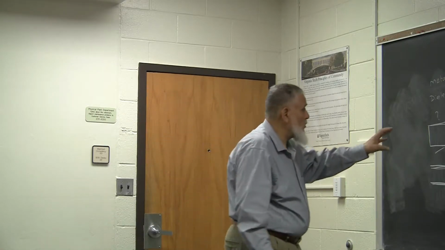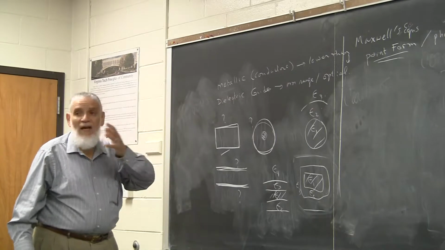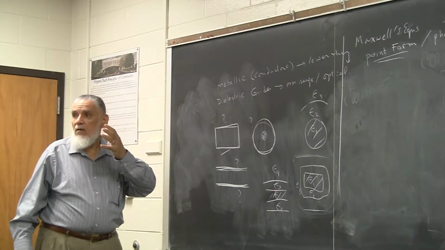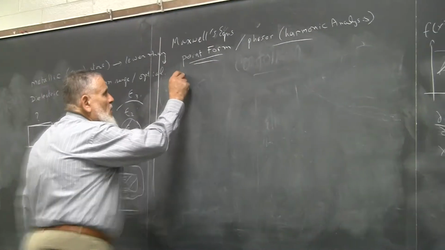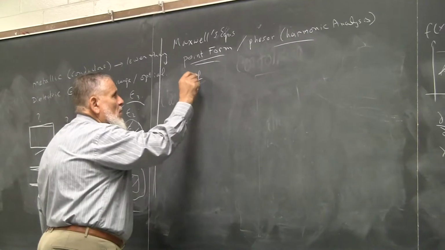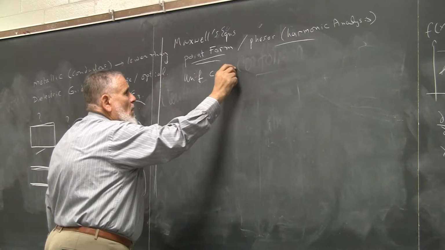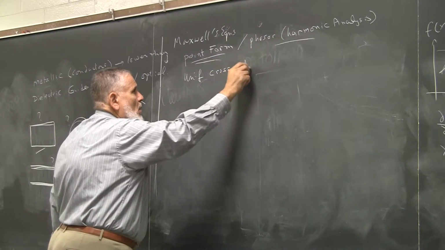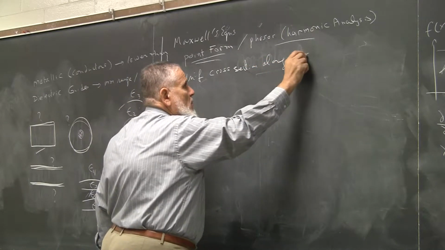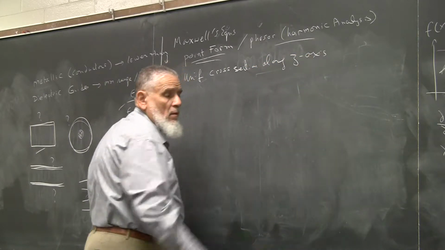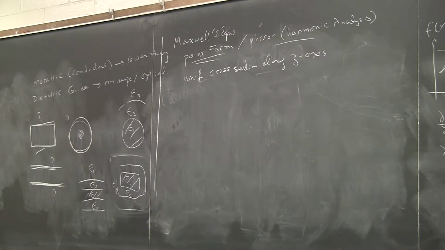So I'm analyzing a uniform thing, and I'm going to pick the z-axis to be that direction. That's the typical situation. So I'm going to assume uniform cross-section along the z-axis. The cross-section is uniform everywhere.